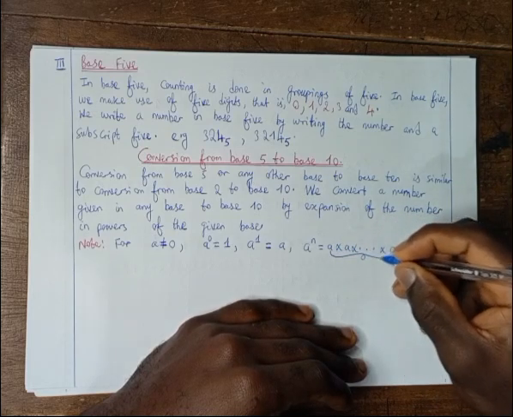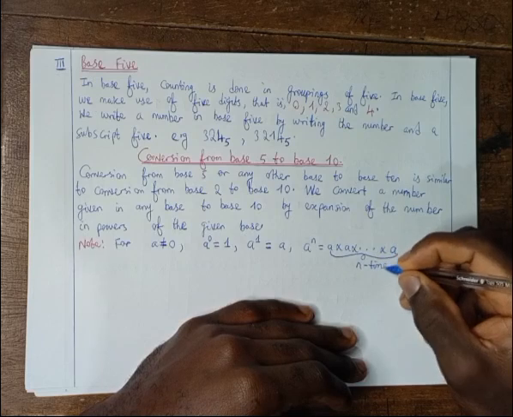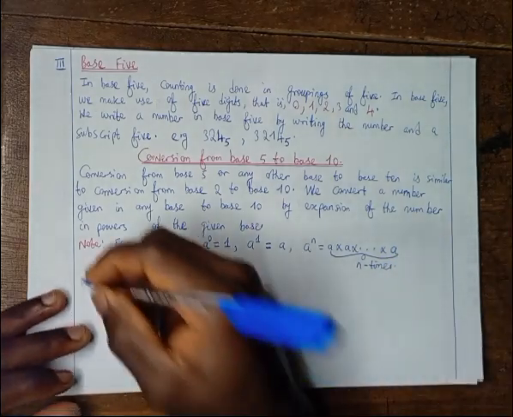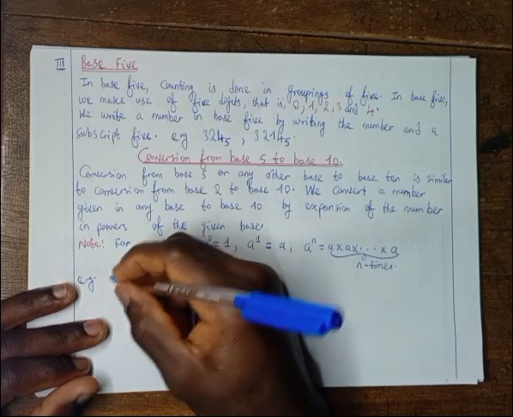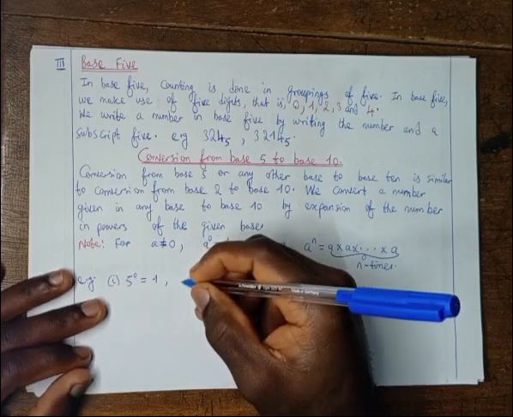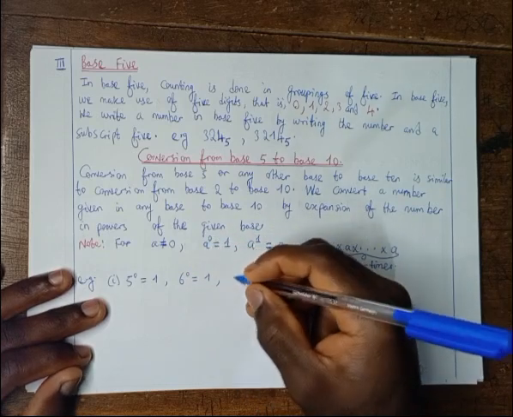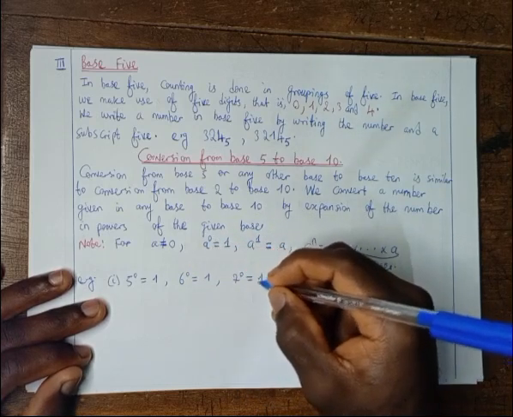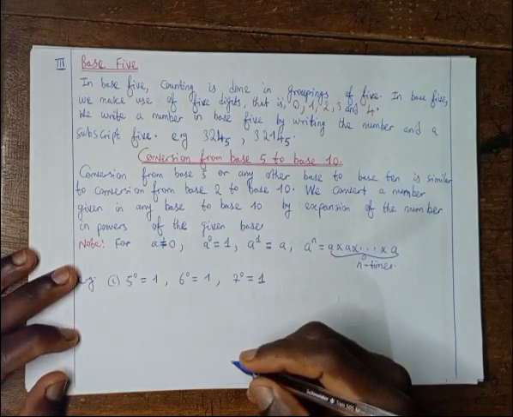We multiply a by itself n times. This is what it means. For example, 5 to the power 0 is equal to 1, 6 to the power 0 is equal to 1, 7 to the power 0 is equal to 1, and so on. But 0 to the power 0 does not exist.